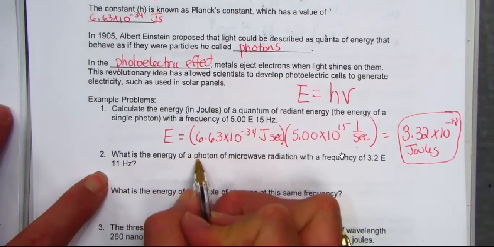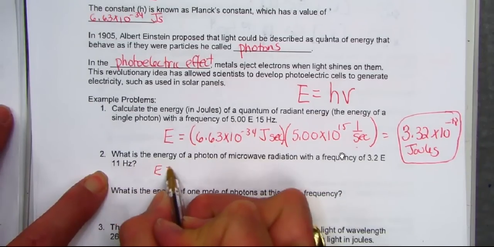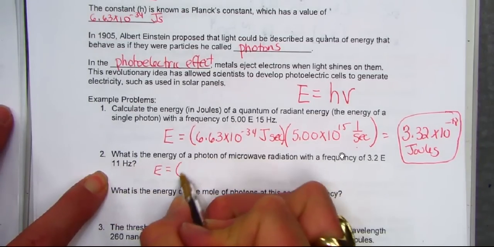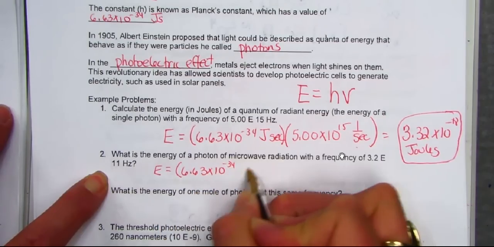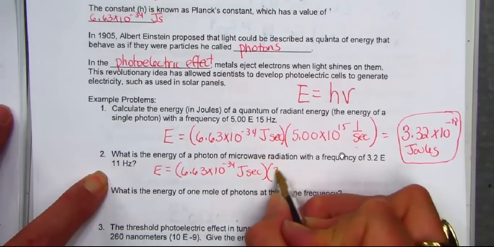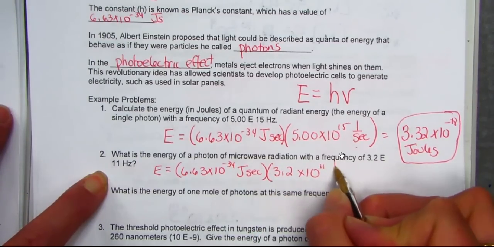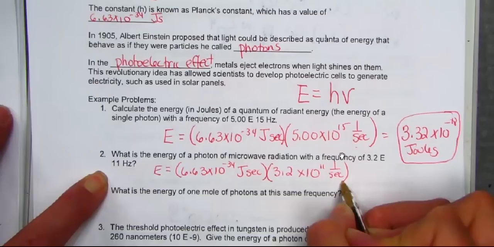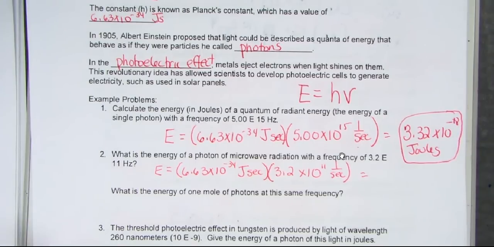So our energy is equal to 6.63 times 10 to the negative 34 joules times seconds, times that frequency of 3.2 times 10 to the 11th power per second, called hertz. Seconds cancel, and we've got joules.